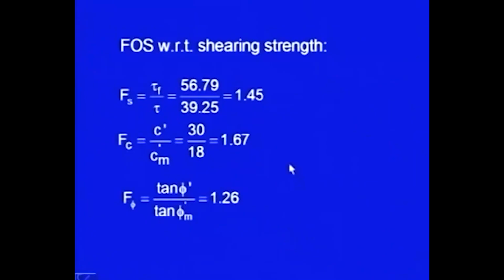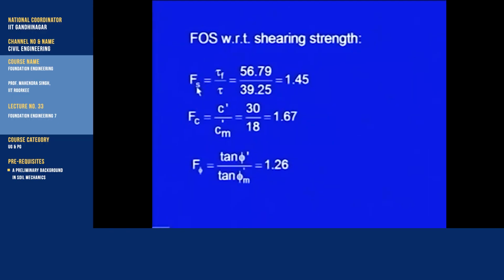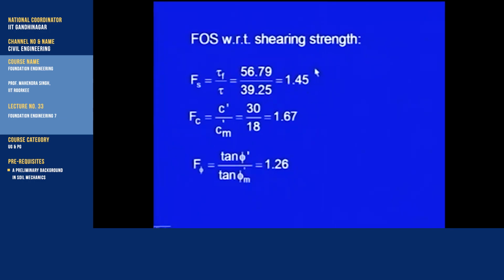And how to calculate the factor of safety? It is very simple. Factor of safety with respect to strength is the available strength upon the mobilized strength. Mobilized will be equal to applied stress.